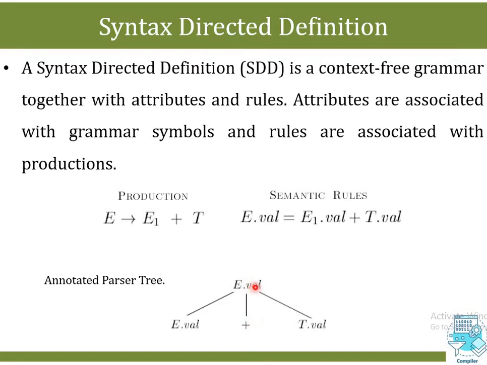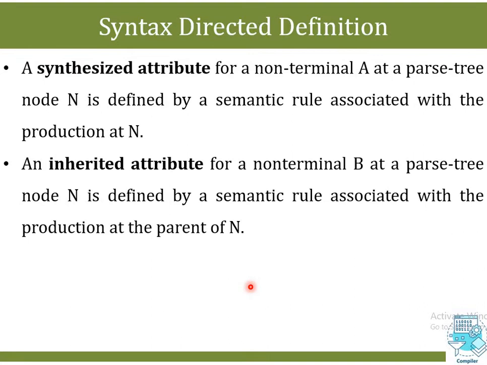Here we evaluate the value of E dot val by referring to its child nodes E1 dot val and T dot val, because the rule is given like that. The value of E dot val is equal to E1 dot val plus T dot val. So we are computing the value of this node by referring to the values of its child nodes. So the attribute val of E can be called a synthesized attribute.